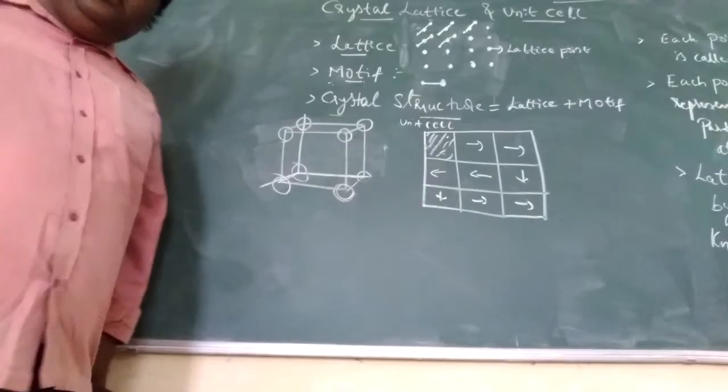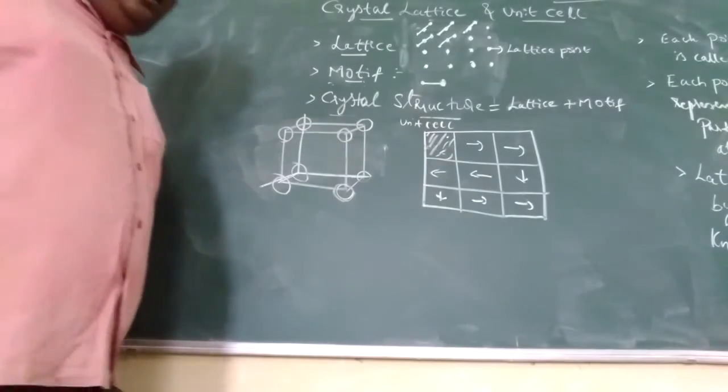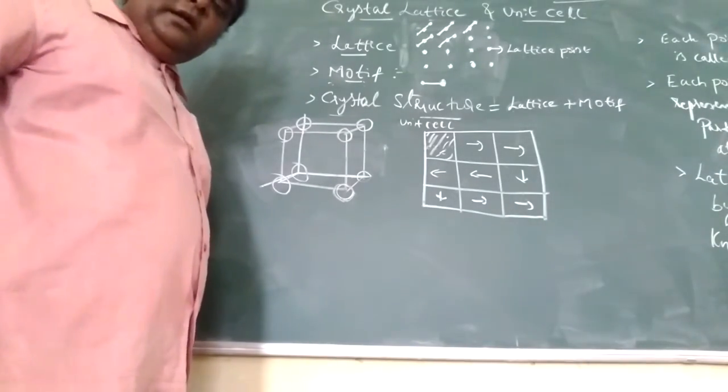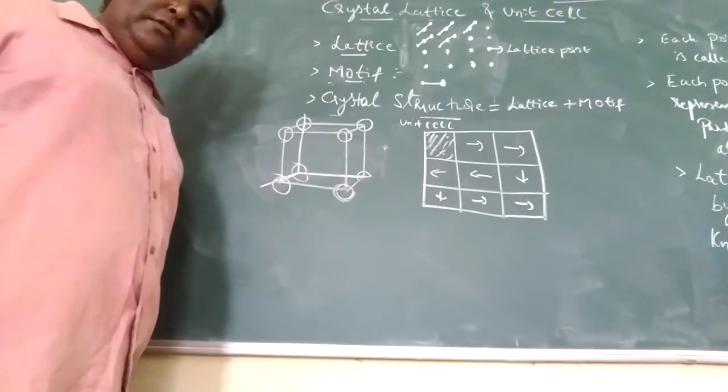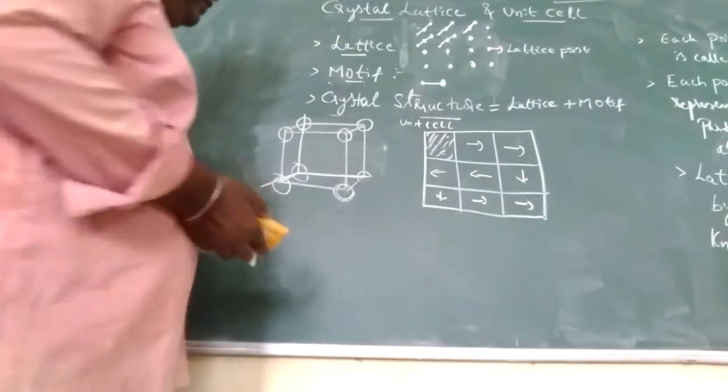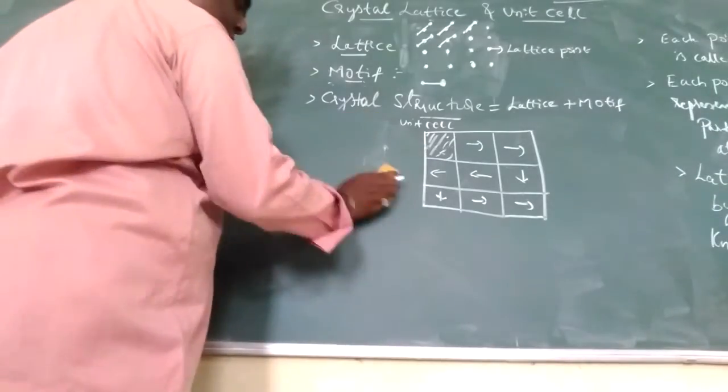Next, these unit cells are further characterized depending on the crystalline lattices, like this. See here in the diagram.